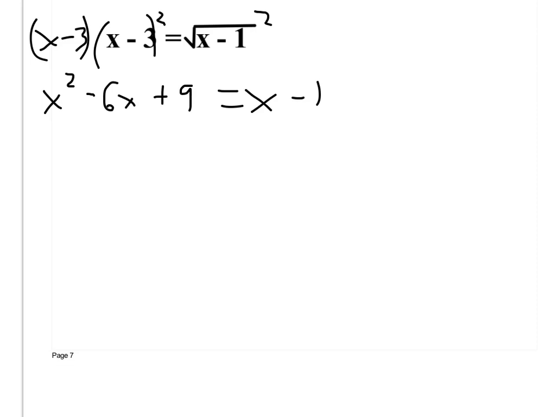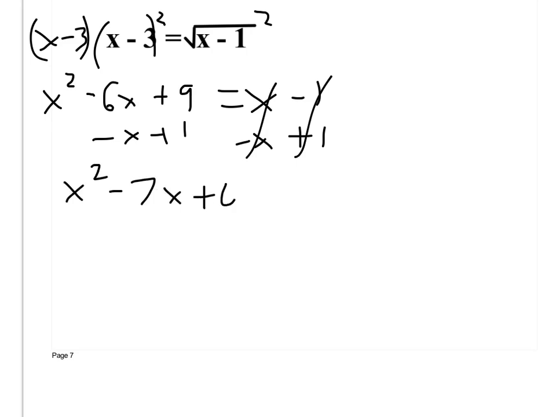And then I just try to get 0 on one side. So I subtract x and I add 1. That gives me x squared minus 7x plus 10 equal to 0. So what multiplies to give me 10 and adds to give me negative 7?